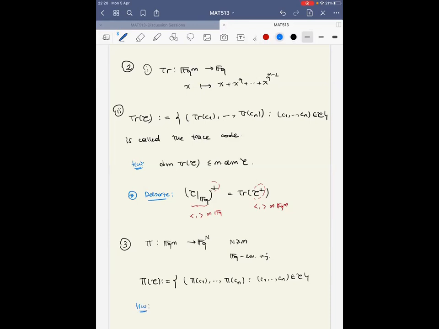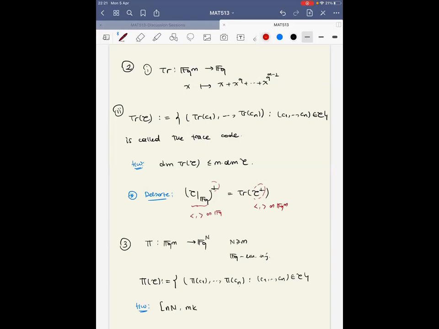And indeed, we can see that it is different from the first two codes we defined, subfield subcodes and trace codes. It has larger length in this case. So its length is n times N, and it has dimension m times k.